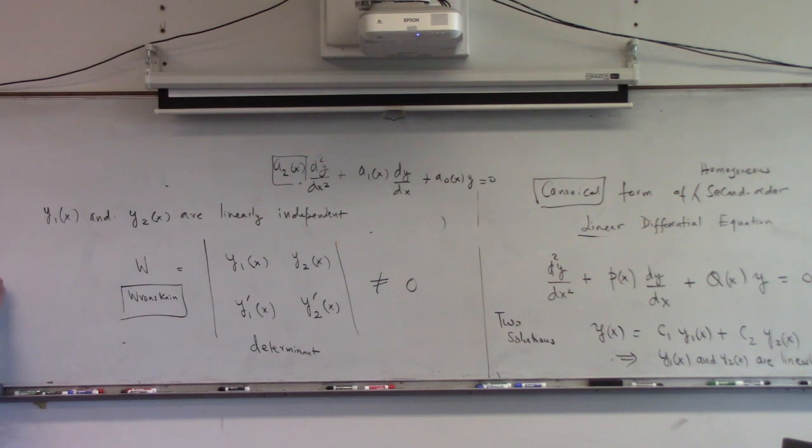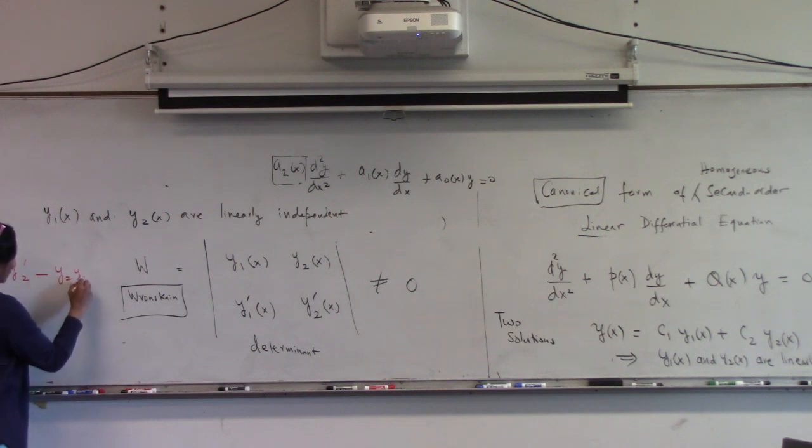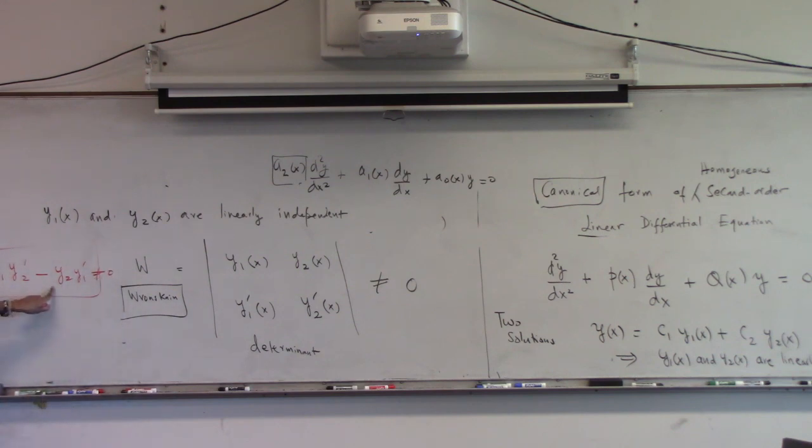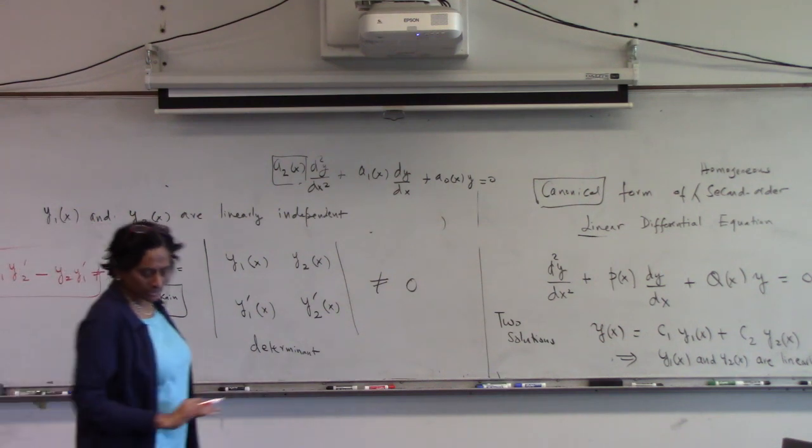Can I write it like this? W equals y1 y2 prime minus y2 y1 prime. Okay, so that is what the Wronskian is, and that should be not equal to 0 for y1 and y2 to be linearly independent solutions of your given differential equation.